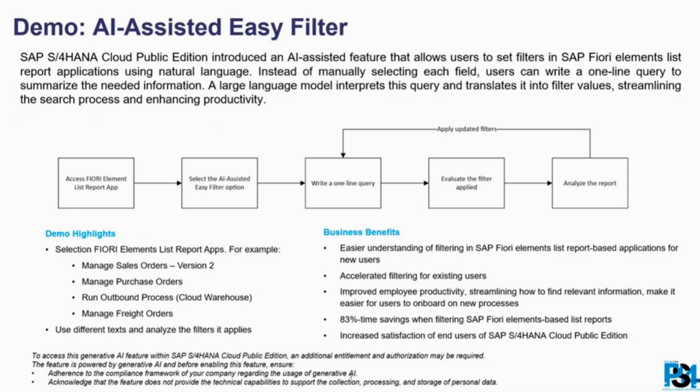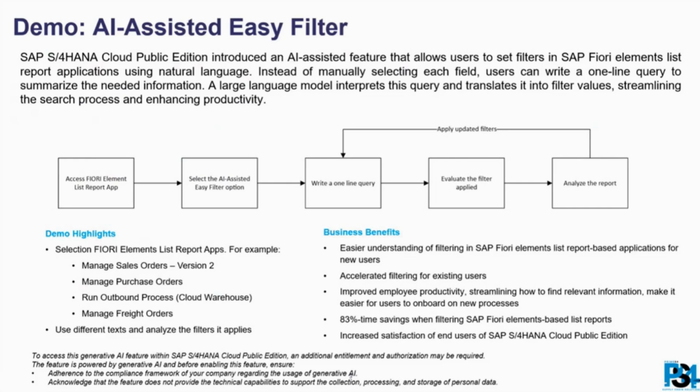As we mentioned in our previous sessions, in order to have AI use cases, we need to have a cloud solution available. So we are using SAP S4 public cloud edition to showcase this AI assisted EC filter. In our previous two demos, we were focusing on machine learning based AI use cases. And now we are moving towards generative AI based solutions.